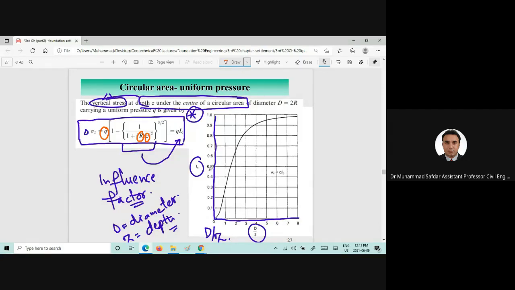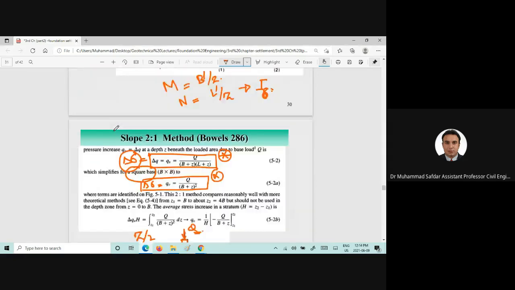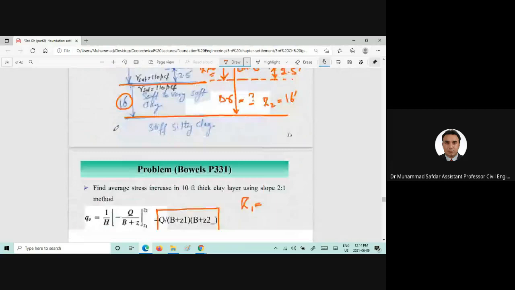But we can calculate by finding each and every term, and then we multiply with the Q to find out delta sigma z, the stress increase due to that uniform load which is applied onto a circular footing.